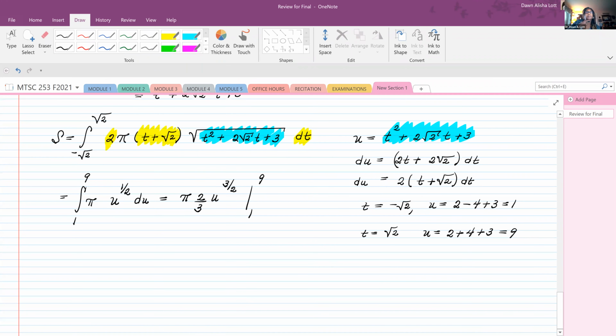You see that? So then that's 2/3 pi times 9 to the 3/2 power minus 1. 9 to the 3/2 is the square root of 9, which is 3, cubed is 27. Minus 1 is 26. So 52 pi over 3.